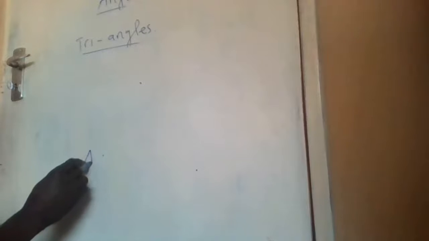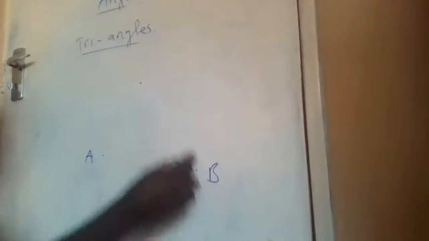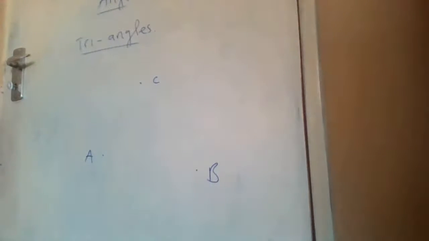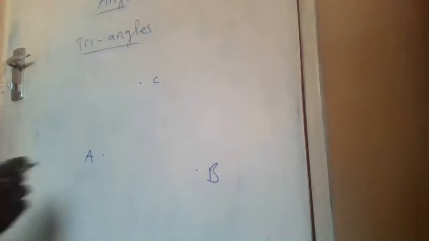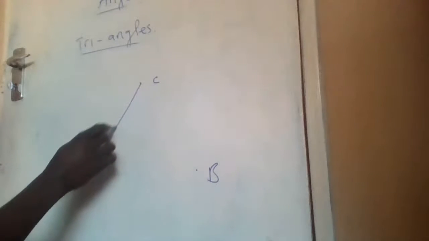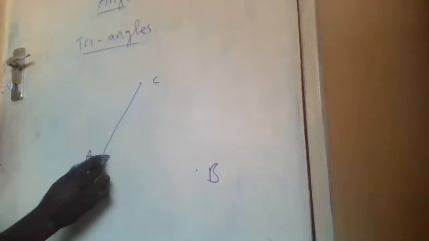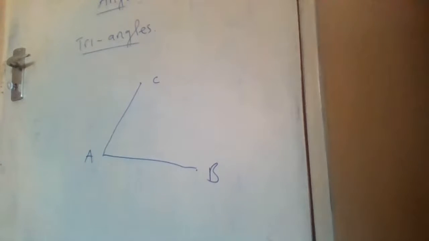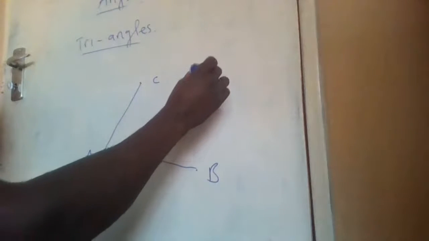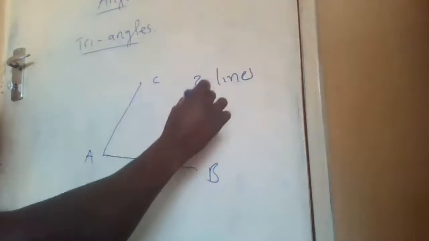Let's say this is point A, point B, point C. Then just join 2 points. Let's say point C and F, as well as point B and N. Now you see, we have produced 2 lines that are joined.